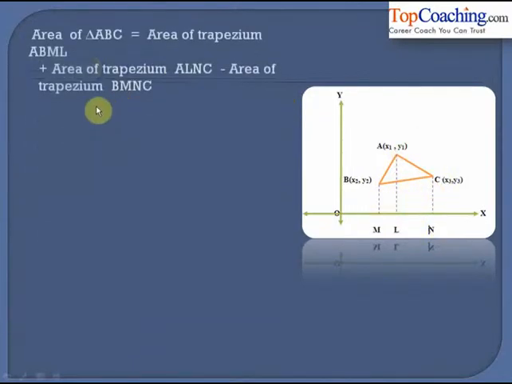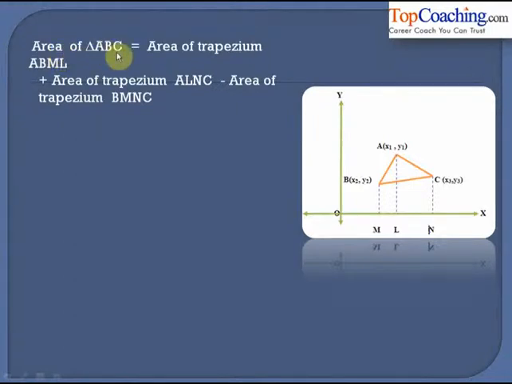Now, the area of triangle ABC is equal to the area of trapezium ABML, plus the area of trapezium ALNC, minus the area of trapezium BMNC. Now the trapezium BMNC is this trapezium.